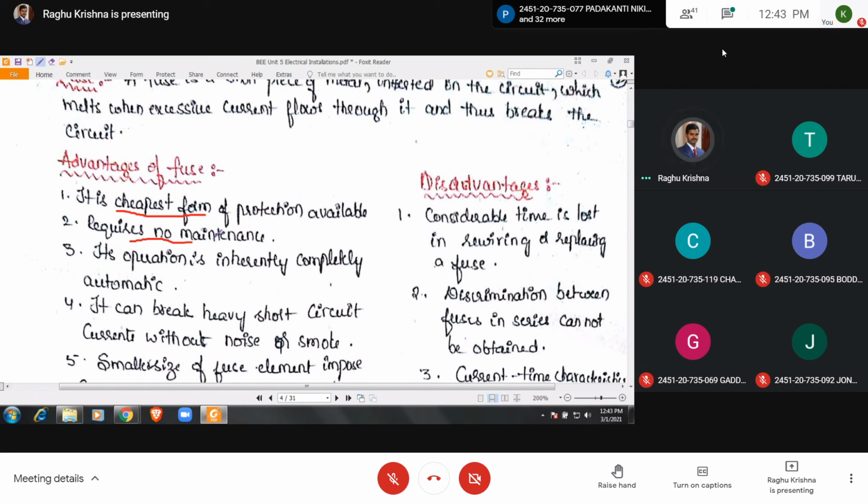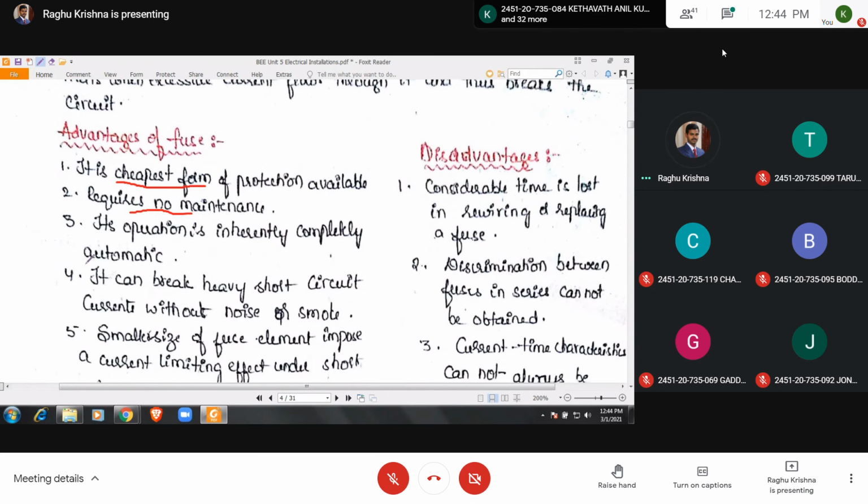For an MCB, you require maintenance. Sometimes if the MCB fails to trip, there will be huge damage. But in a fuse, there is no maintenance. Whenever overcurrent flows, the fuse melts. Very simple.